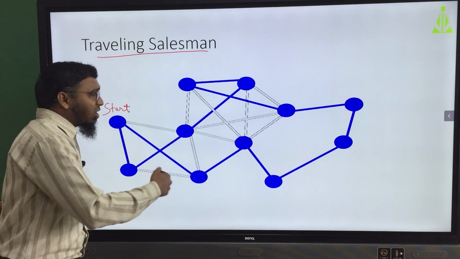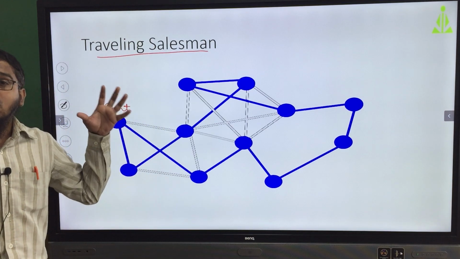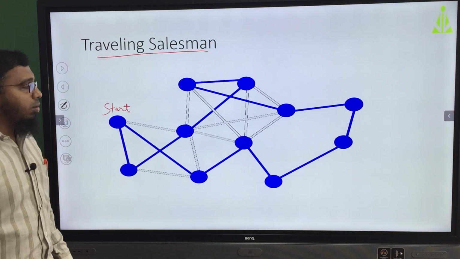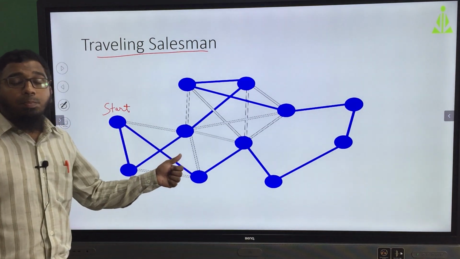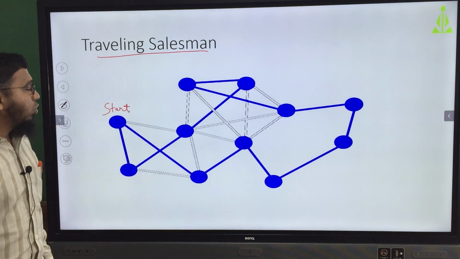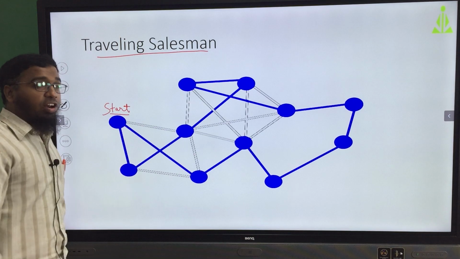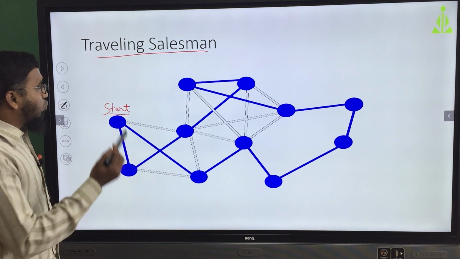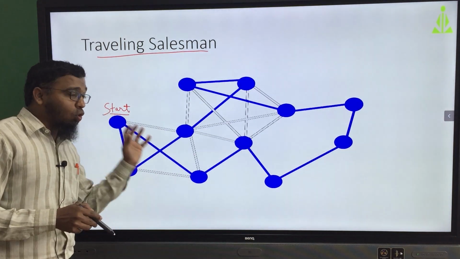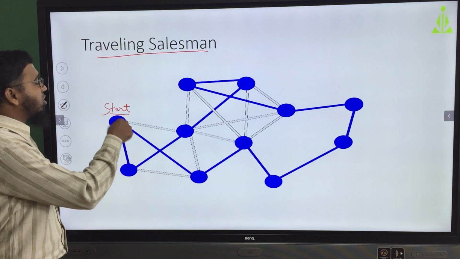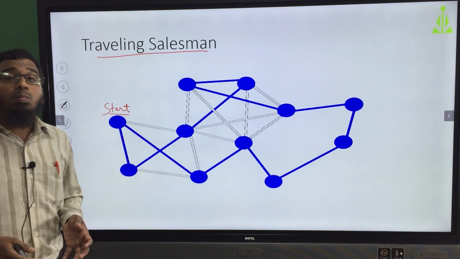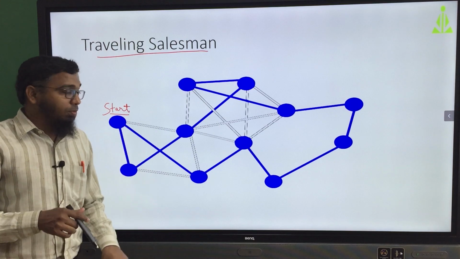For the given graph, it visits all the vertices and reaches back to the starting point. I am considering this as the starting point. Already we have done how to solve this, just I am showing this problem is an NP complete problem.